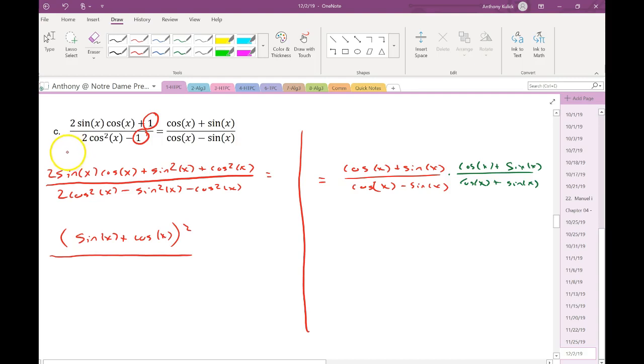Because if I look at this, this is really like x squared plus 2xy plus y squared is what I see up there. Where sine squared x is like x and cosine squared x is like y. That's why I told you the right-hand side is going to be easier. Why I said Sam was right.